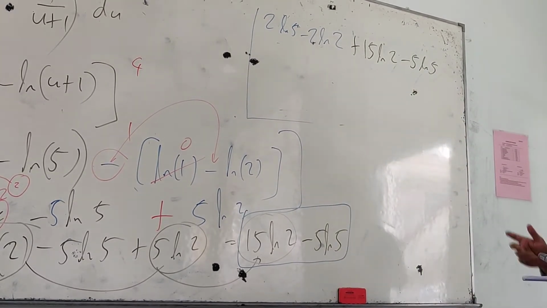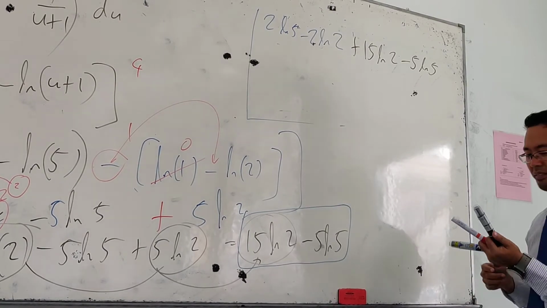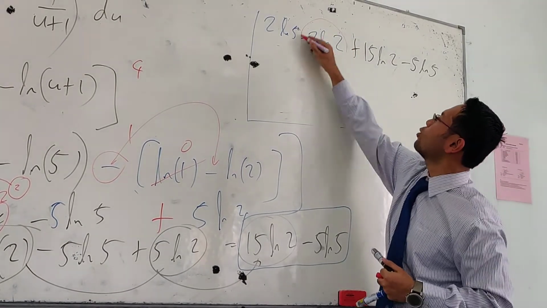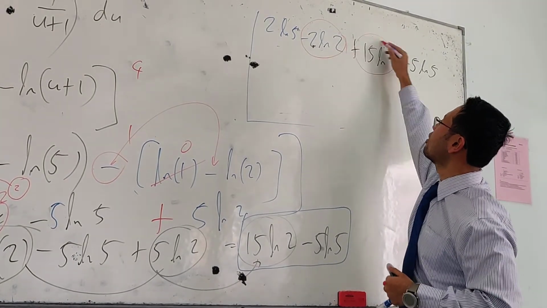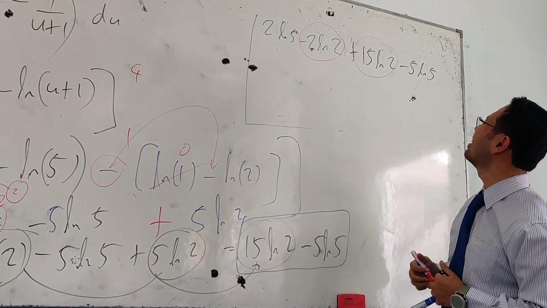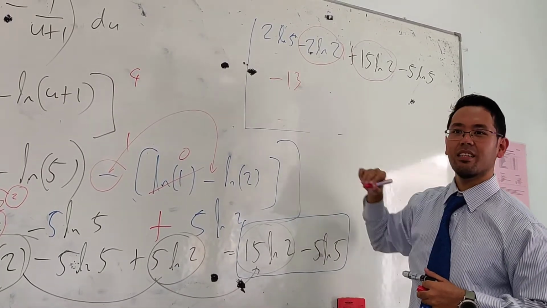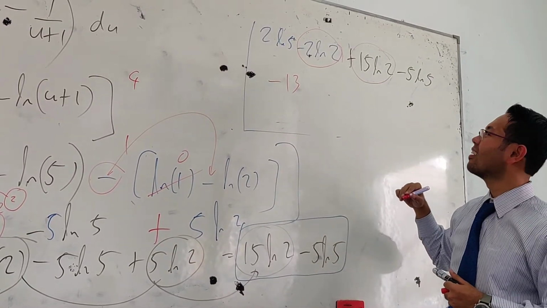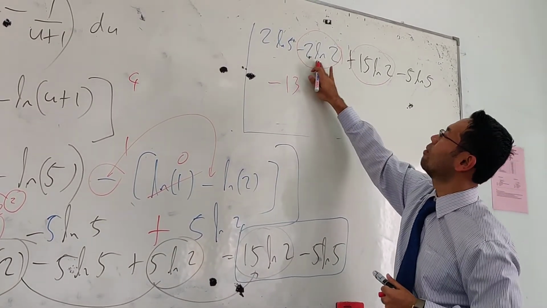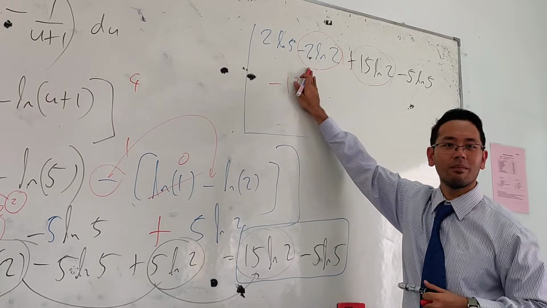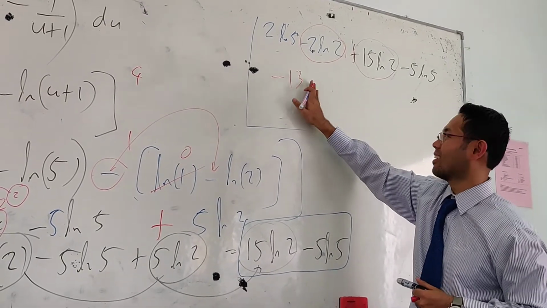Okay, can we combine our answers somehow? Minus 2 ln 2 and plus 15 ln 2. 13. Minus 13. Did I miss something? Plus 15 apple minus 2 apple, plus 13.